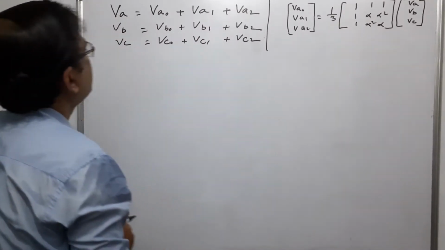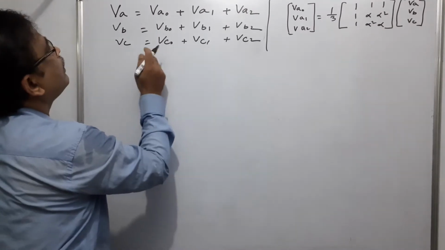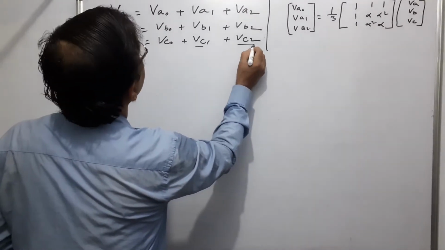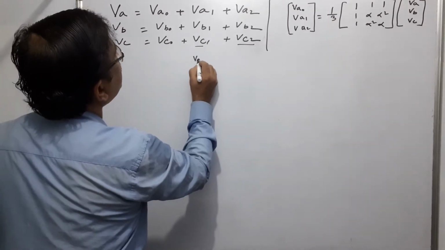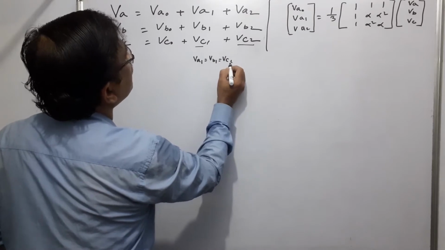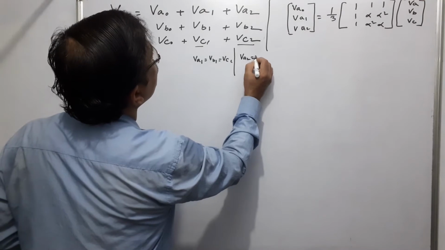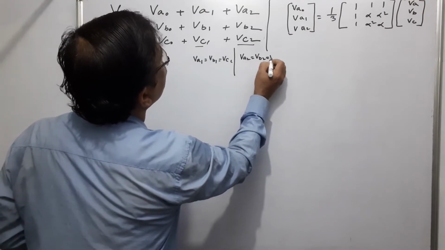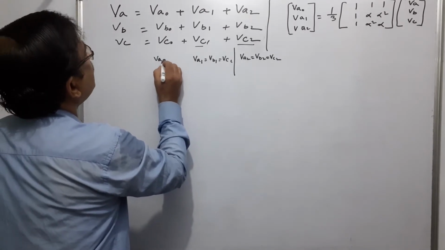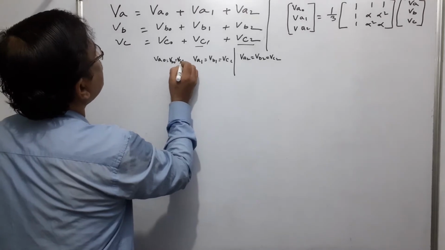As the positive and negative sequence are symmetrical systems, we can say VA1 is equal to VB1 equals VC1, and similarly VA2 equals VB2 equals VC2, and here VA0 equals VB0 is equal to VC0.